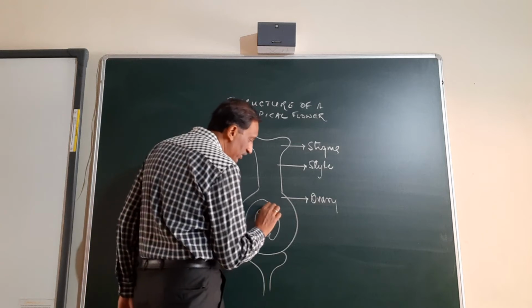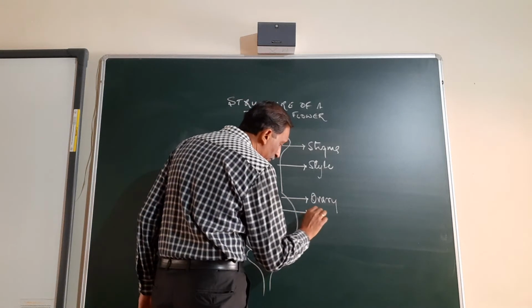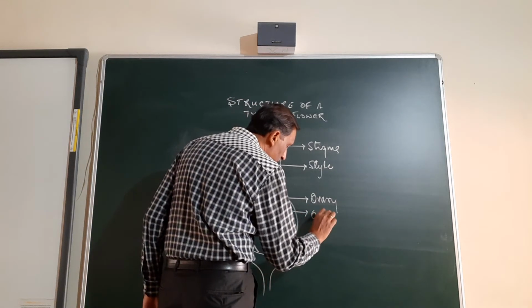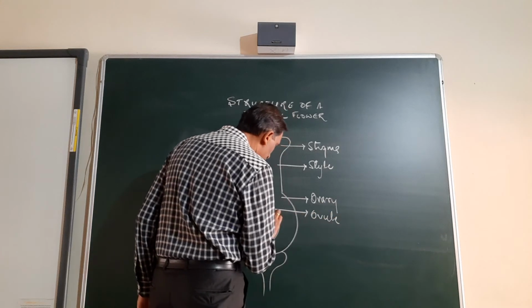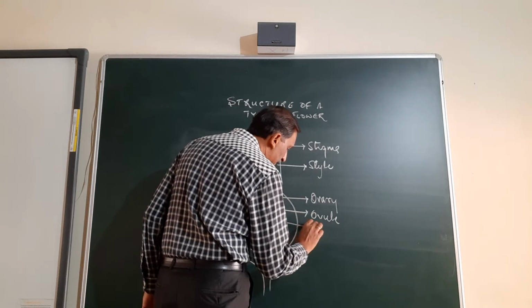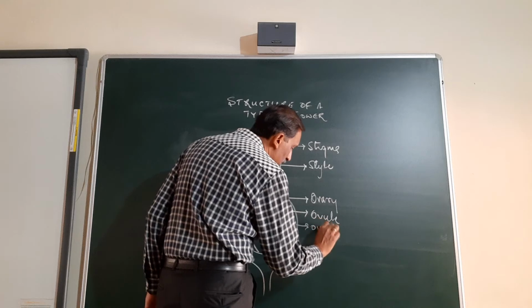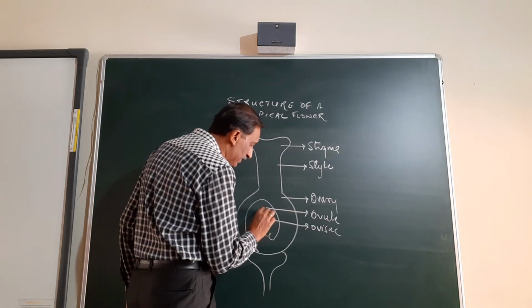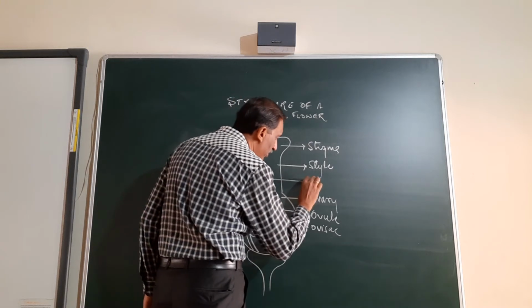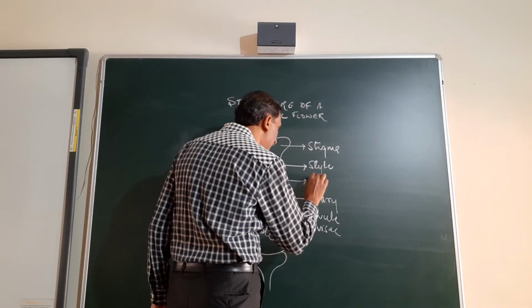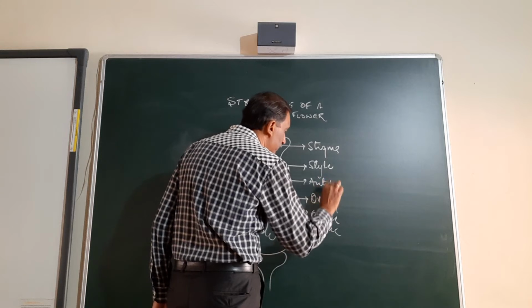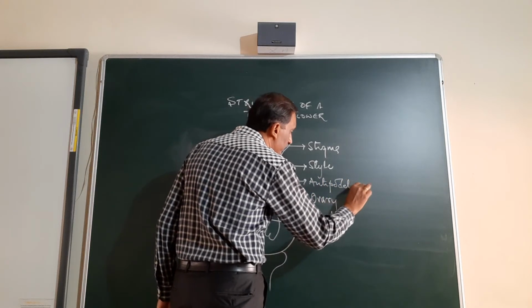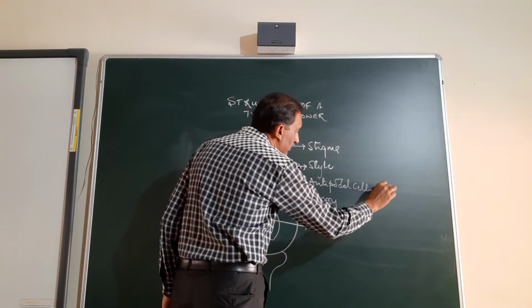ठीक है. और this part को हम कहेंगे ovule, and इसको कहेंगे ovary sac. And these three cells which are there, इनको मैं यहाँ से ऊपर लेता हूँ. I'll write here antipodal cells, three in number.